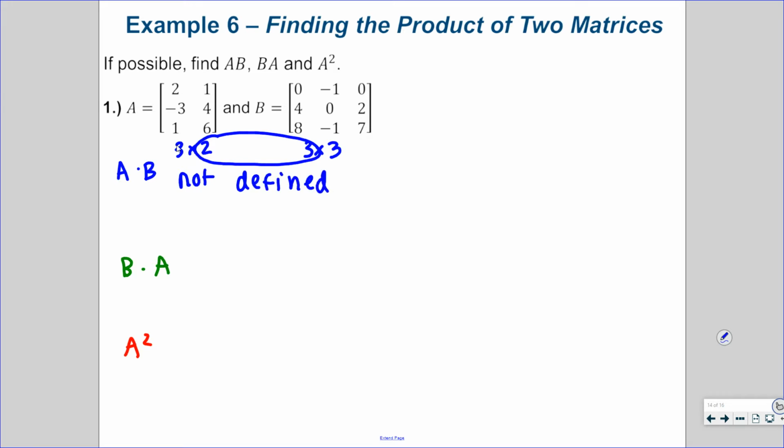Okay, can't do A times B. 3 by 2 times 3 by 3. You can do B times A. You can do 3 by 3 times 3 by 2. My resultant is going to be 3 rows by 2 columns.